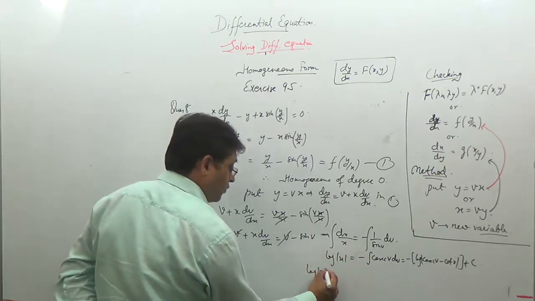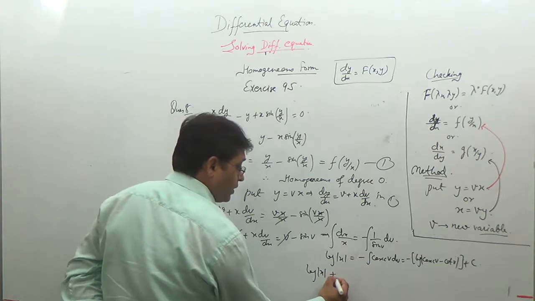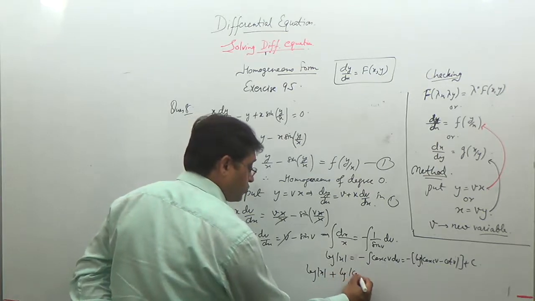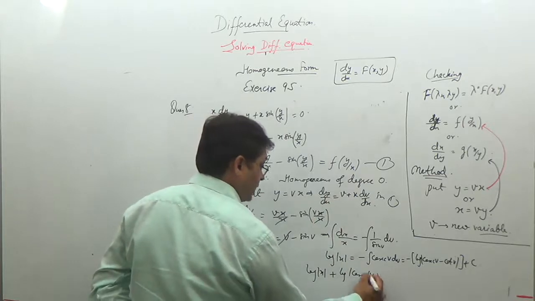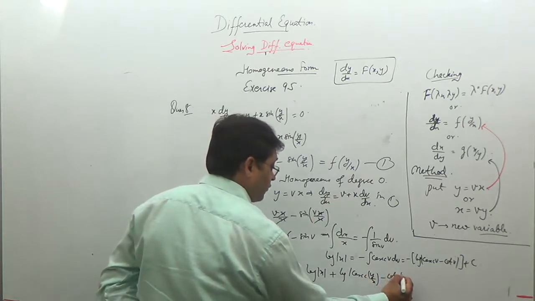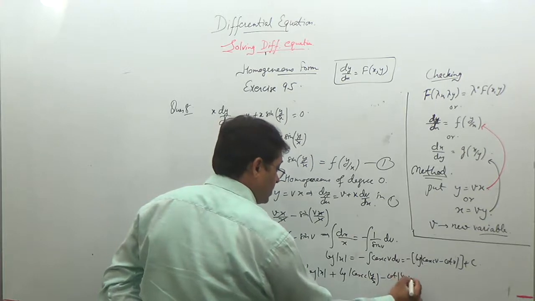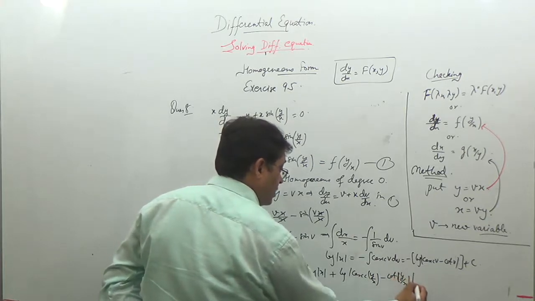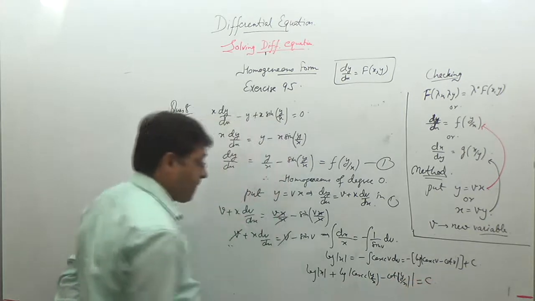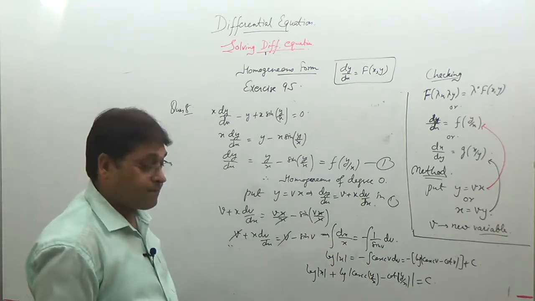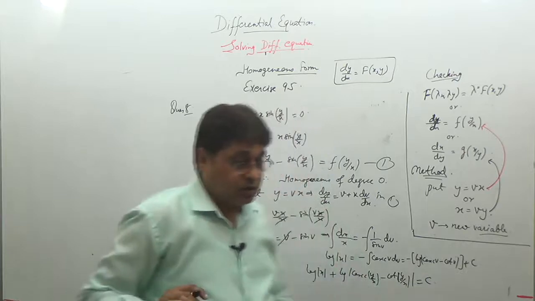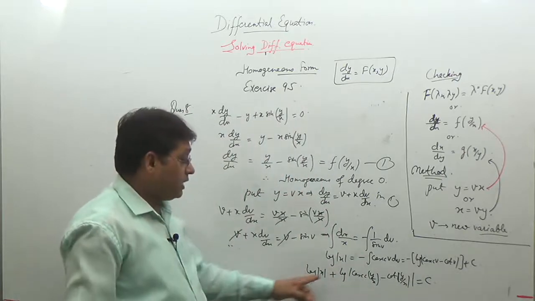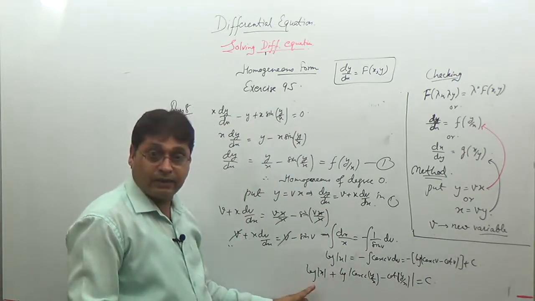Log of mod x plus log of cosecant v minus cot v, put v is equal to y by x, so you can write it as cosecant y upon x minus cot of y upon x is equal to c, right?